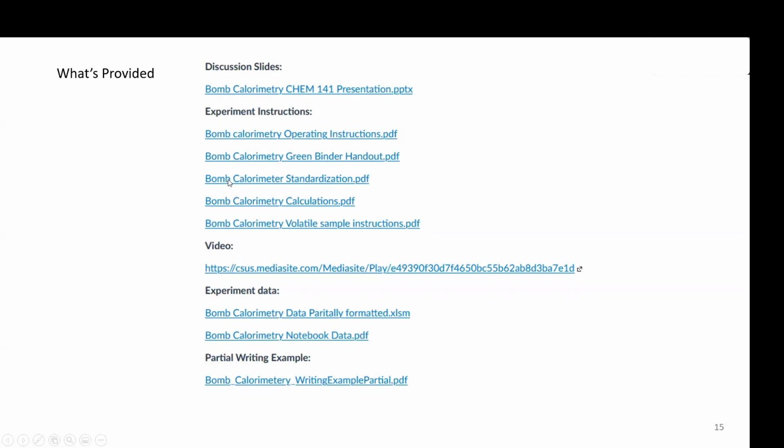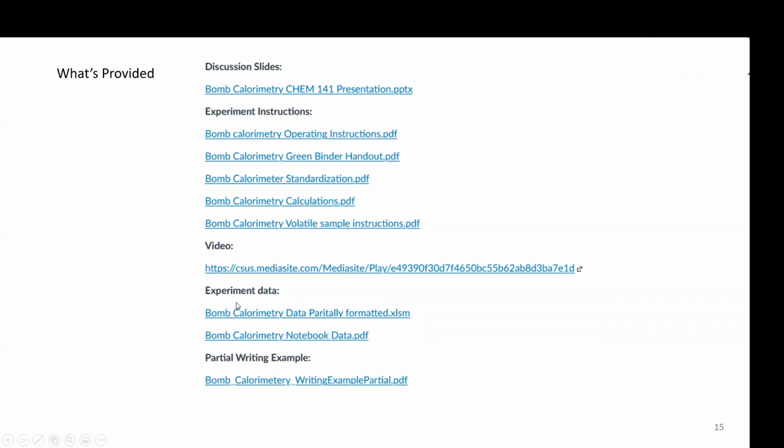And the bomb calorimeter standardization PDF, that is the calibration, that's how you run the benzoic acid runs, and the bomb calorimeter calculations, and the bomb calorimetry volatile sample instructions, which is to use the tape. And there is a video showing how the lab is done.